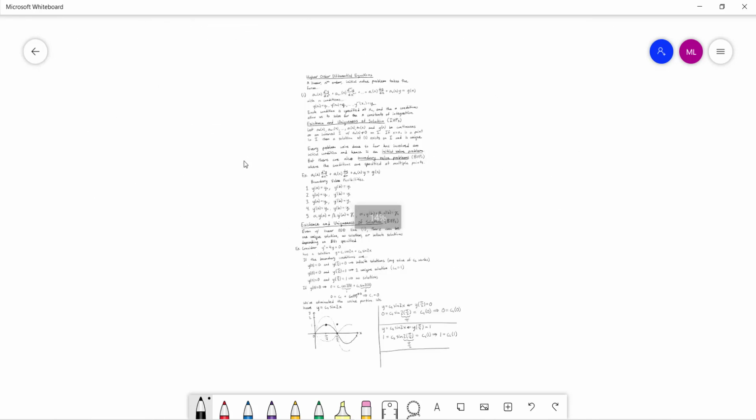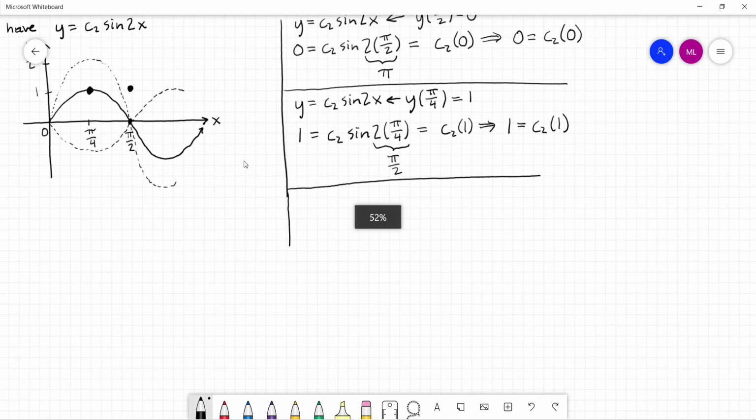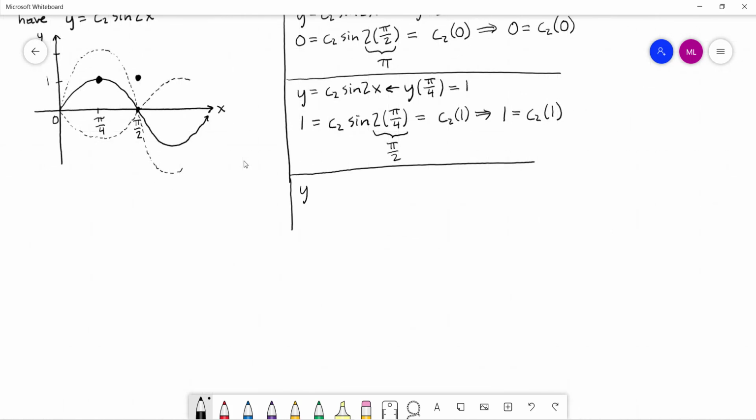And algebraically, what would happen in that case? So again, we're trying to solve the same differential equation down here. And we've gotten to the same answer, y equals C2 times the sine of 2x. And we're trying to find what is the value of C2 that will satisfy this? So it's saying the y value will be 1 when the x value is pi over 2.